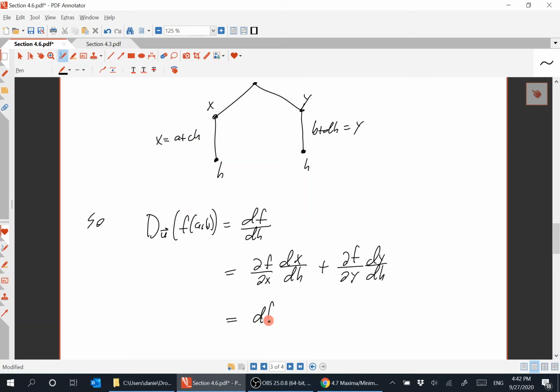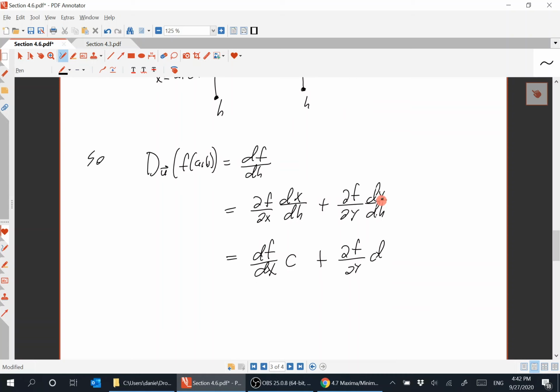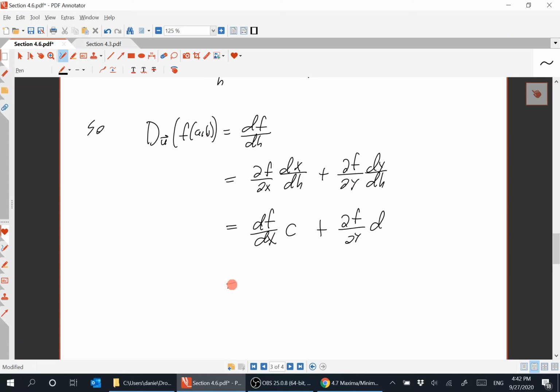So this is df/dx times c plus df/dy times d, since b is a constant and d is the coefficient of h. So this is equal to this dot product: the partial derivative of f with respect to x, comma, partial derivative of f with respect to y, dot (c, d).